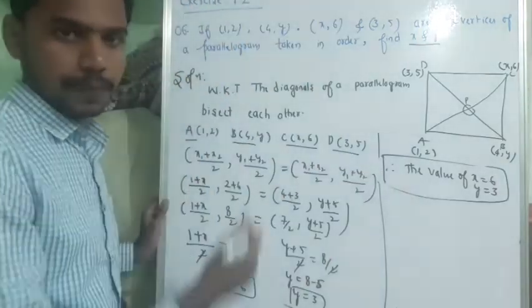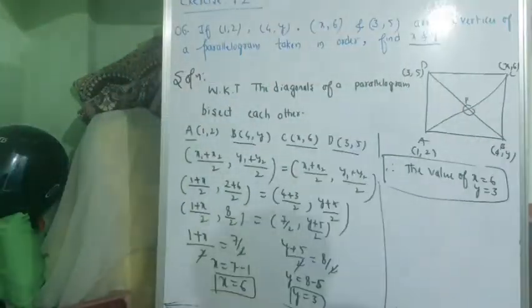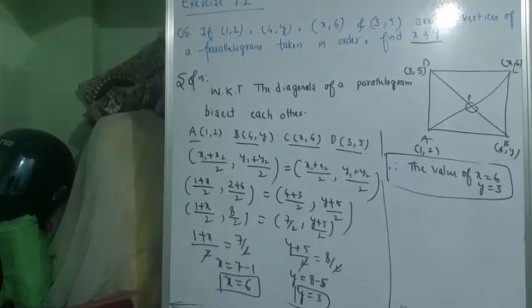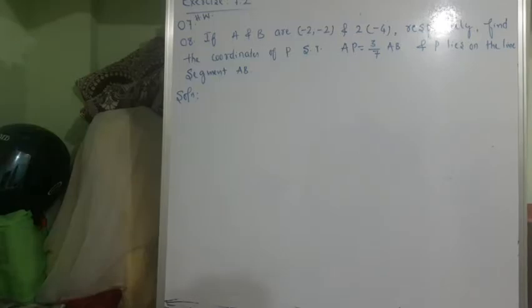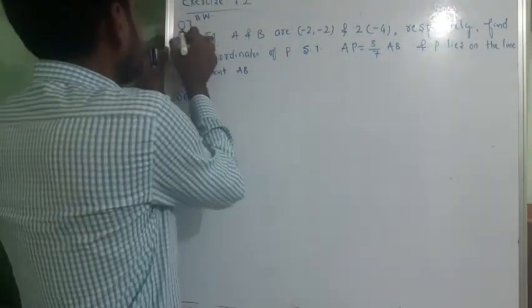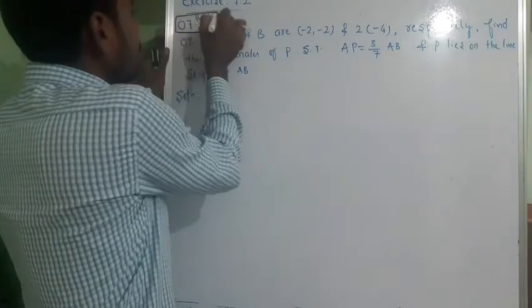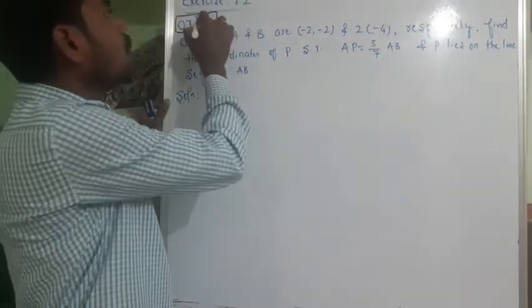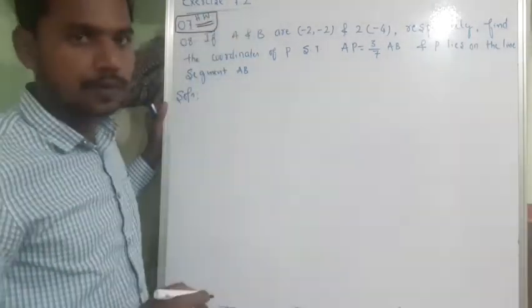Please note this down. Seventh will be your homework. Seventh is very much similar to the sixth problem, so I am not going to solve it. If you have any difficulty, please let me know.